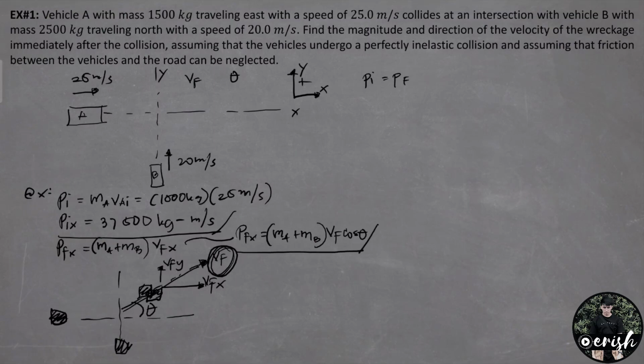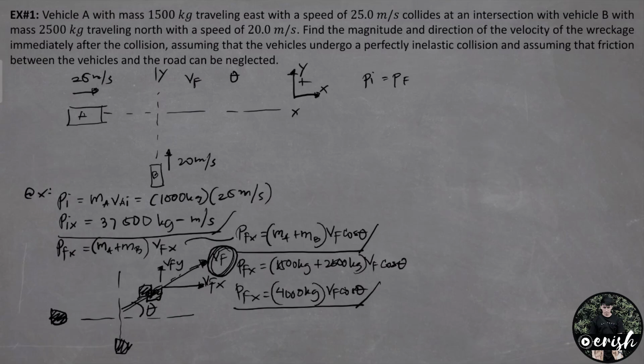Ito yung ating equation for the final momentum at x component. Substitute natin yung value ng kanilang mass. Final momentum at x is equal to, ang mass ni A is 1,500 kilograms plus mass ni B 2,500 kilograms, times final velocity cosine theta, this is equal to 4,000 kilograms final velocity cosine theta.